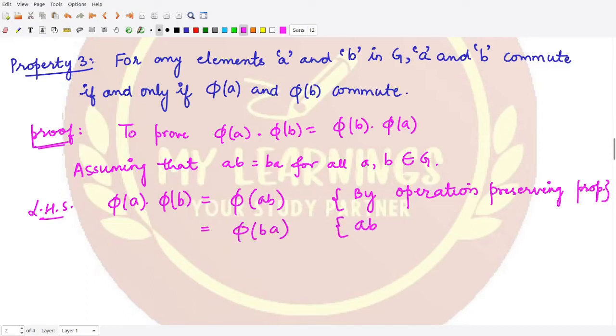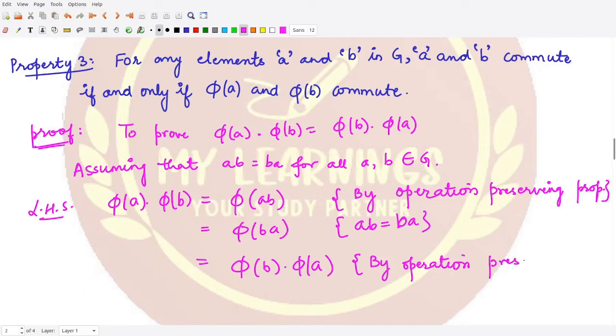Because we are assuming that AB is equal to BA by the commutativity, and this again is equal to phi of B into phi of A. Why? Because again we have the operation preserving property. So this proves that if A and B commute with each other, then phi of A and phi of B also commute with each other.